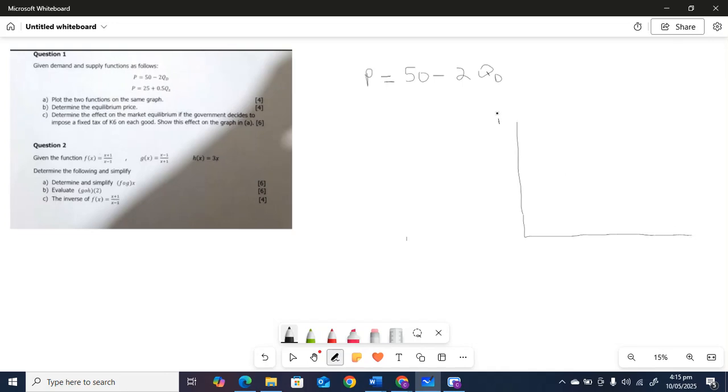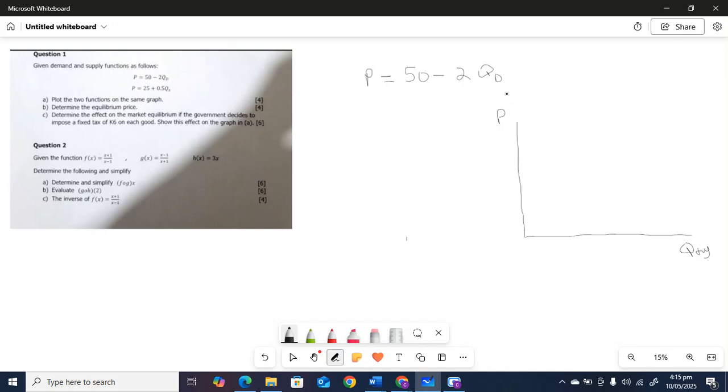We have price on the y-axis, quantity on the x-axis. Remember, law of demand, there's an inverse relationship between price and quantity demanded.